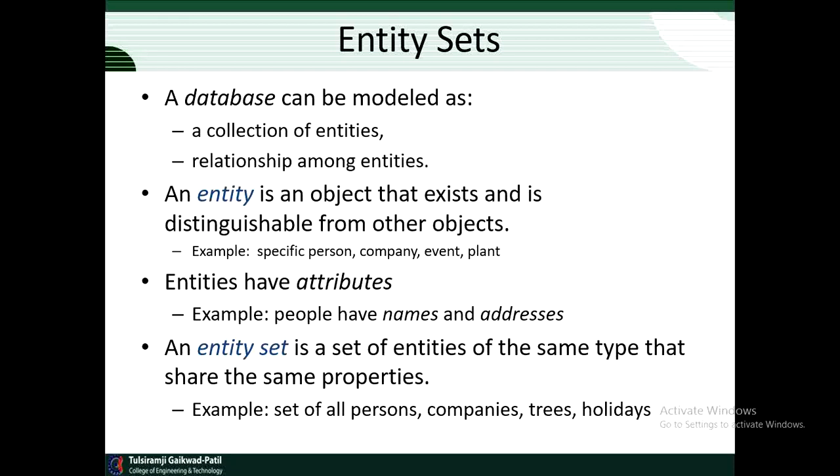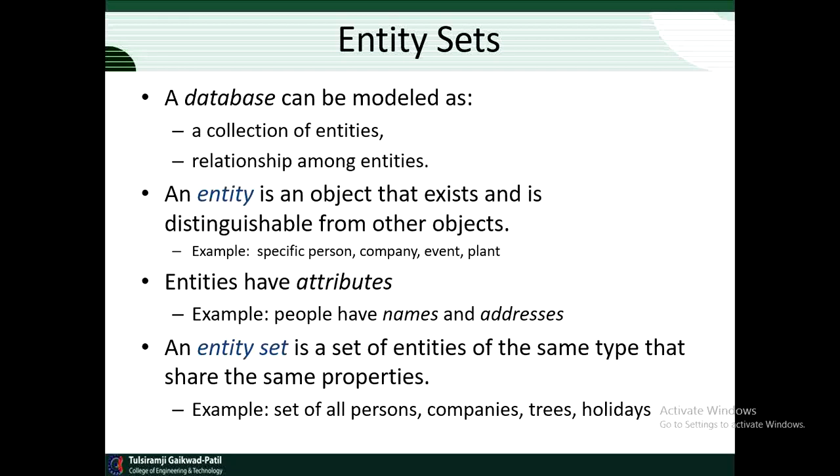An entity set is a set of entities of the same type that share the same properties. So entity set means a set of entities of the same type, means similar types of entities will make the set of entities that share the same type of properties, right?